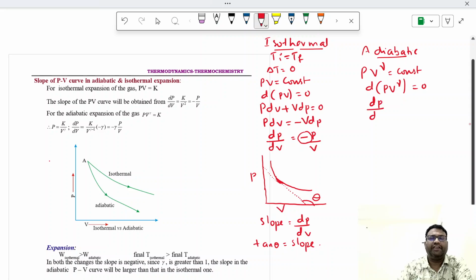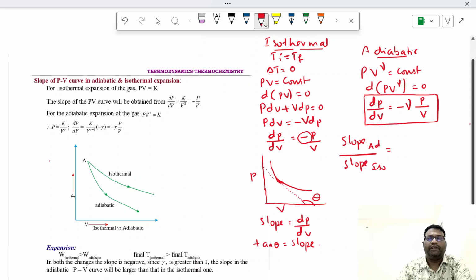Then dP by dV we get is minus gamma P by V. So you are getting the slope. Slope adiabatic by slope isothermal is minus gamma P by V divided by minus P by V, which is equal to gamma.